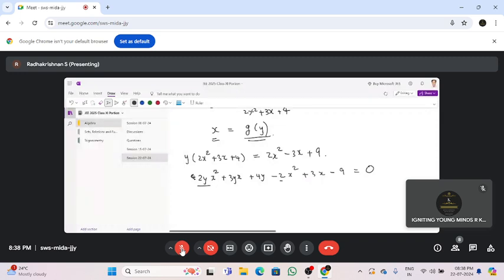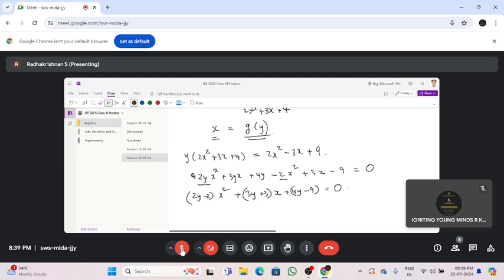So now put the terms together. 2y minus 2 x square. Bringing it to the quadratic form. Now we can get it like x equal to g of y.